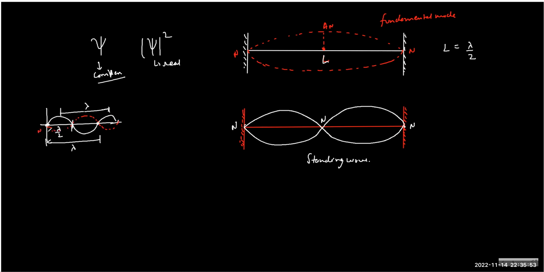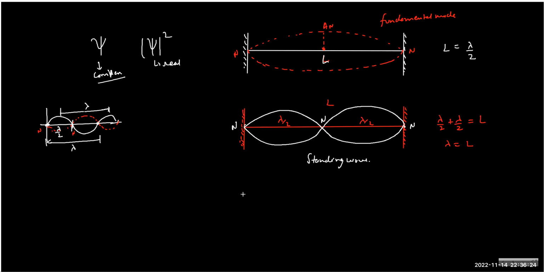From one node to the next node, what is the distance? Lambda by 2. From this node to this node the distance is lambda by 2, from this node to this node it is again lambda by 2, and this entire length is L. So lambda by 2 plus lambda by 2 equals L. So lambda is how much? L.